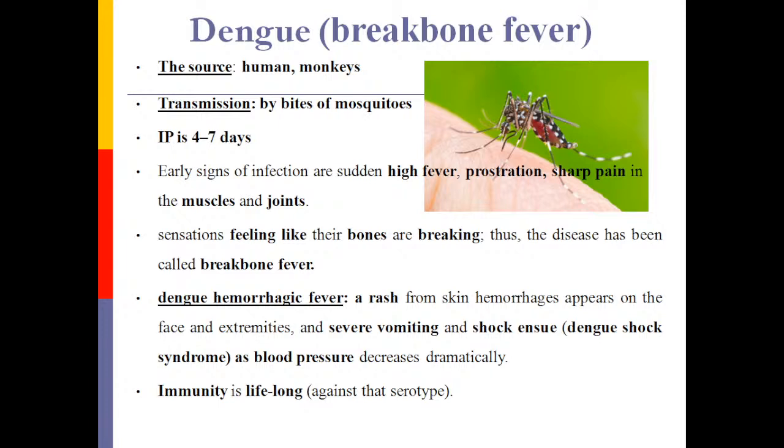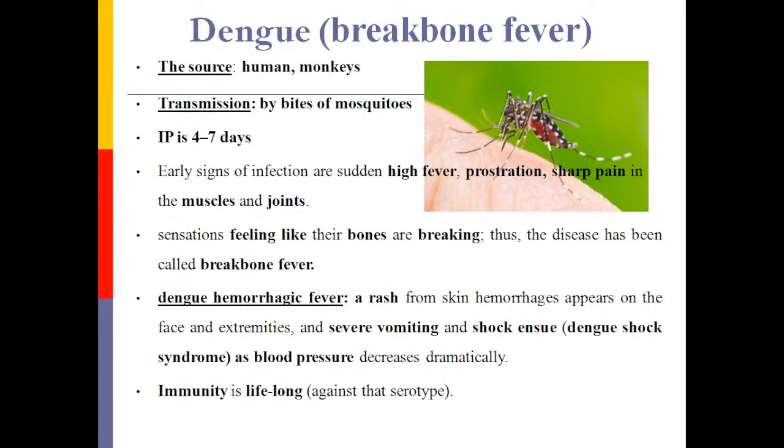Dengue hemorrhagic fever is characterized by rashes from skin hemorrhages that appear on the face and extremities, and severe vomiting and shock ensue. It's called dengue shock syndrome, as blood pressure decreases dramatically due to destruction of blood vessels once more.